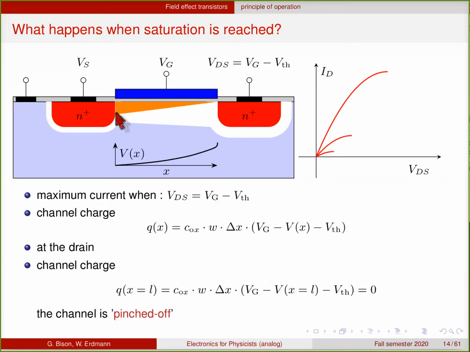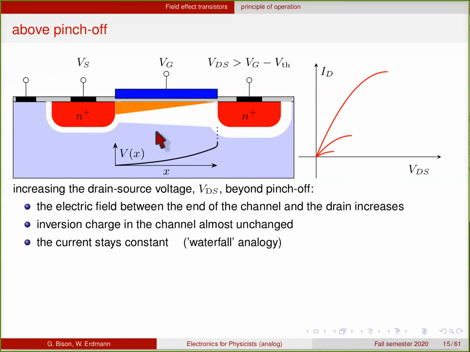So it means the carrier density here really goes to 0 in this idealization. Now, if you go above the pinch-off point, then the inversion charge in the channel is almost unchanged, but the electric field between the end of the channel and the source and the drain increases.